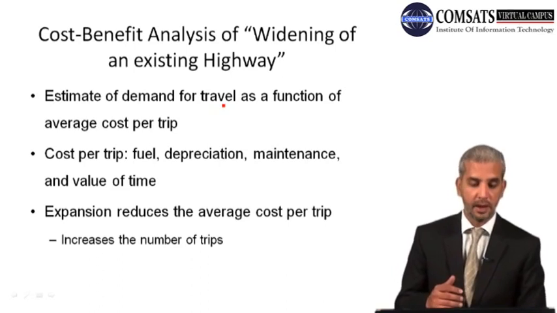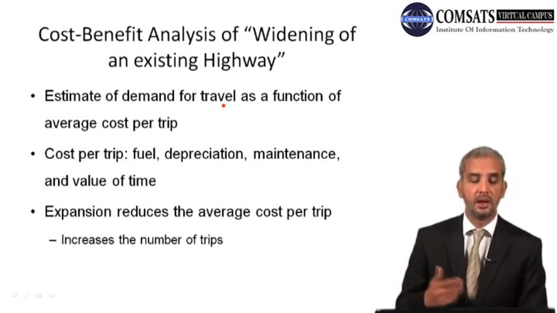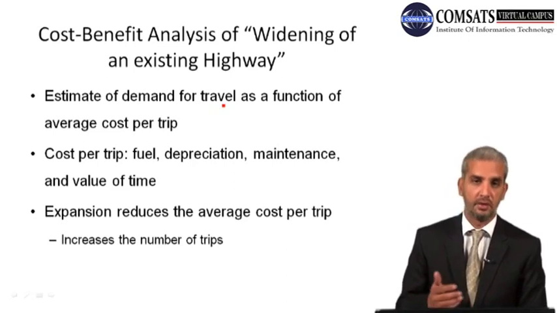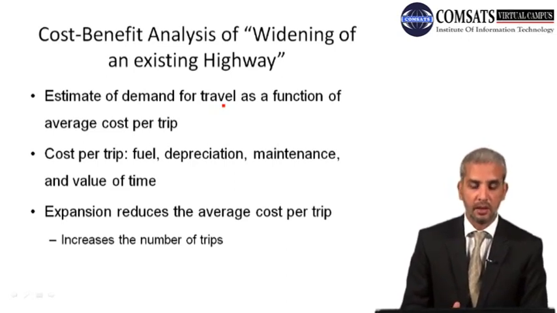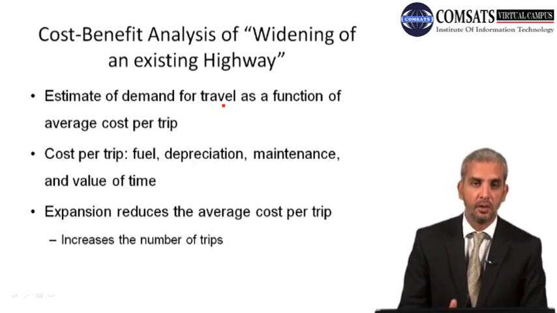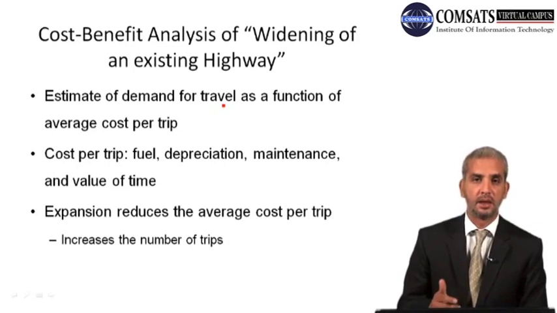So the benefit would be in terms of increased demand of travel on that highway, and that increased demand of travel would necessarily be a function of the average cost of each trip. The cost of a trip is, for example, in terms of fuel, depreciation of the vehicle, maintenance, and most important, the value of time.